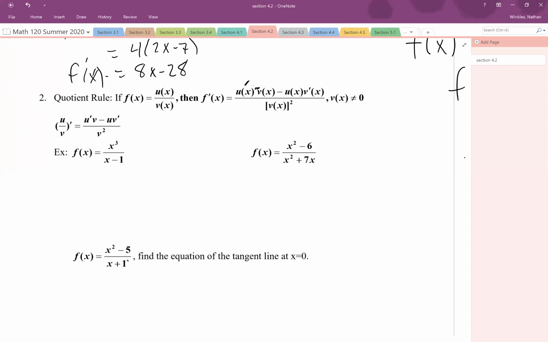Our little jingle that you can keep in your head is low d high minus high d low over the square of what's below.